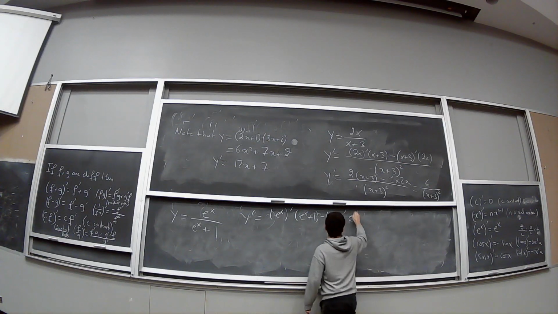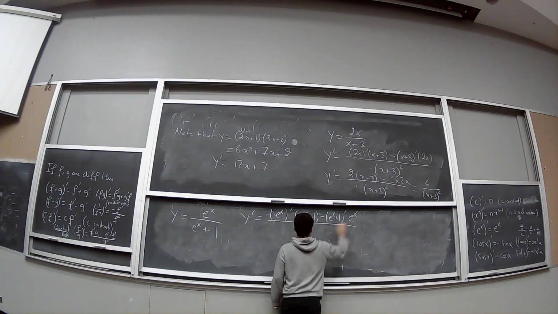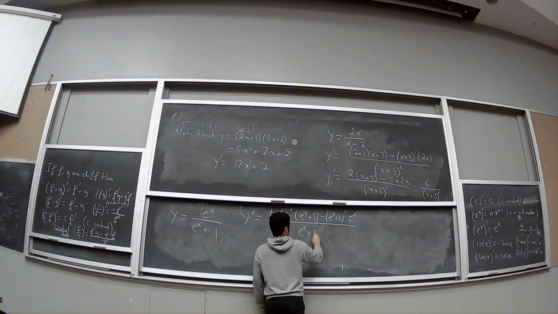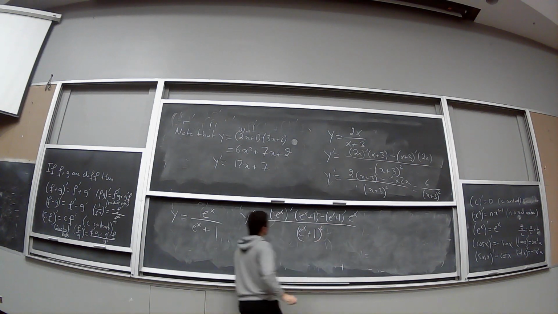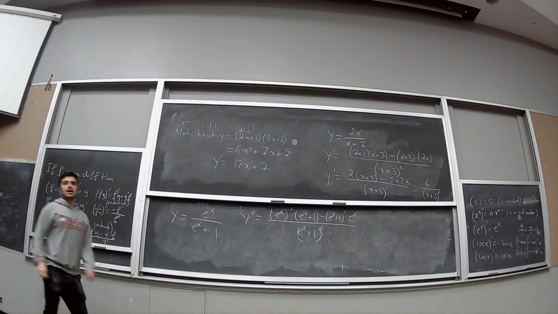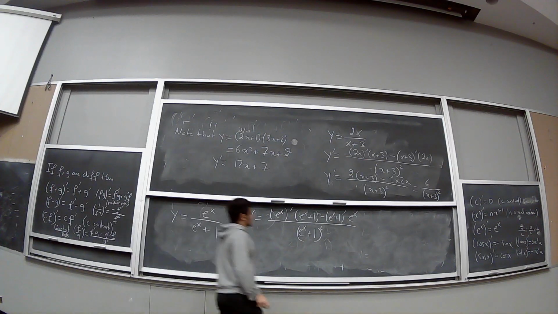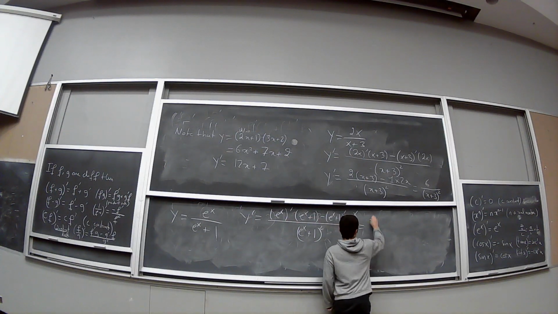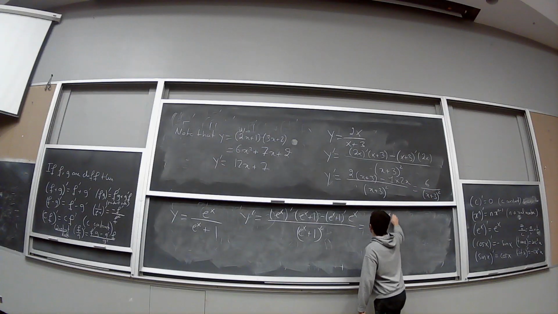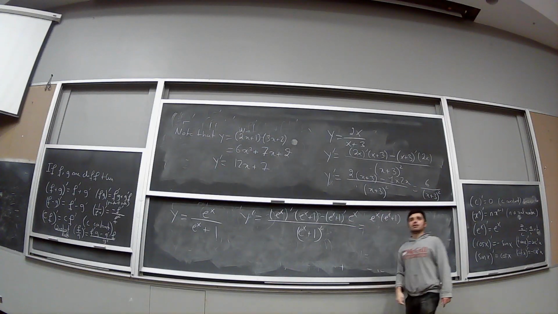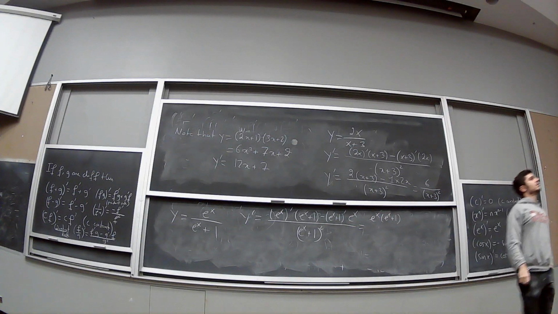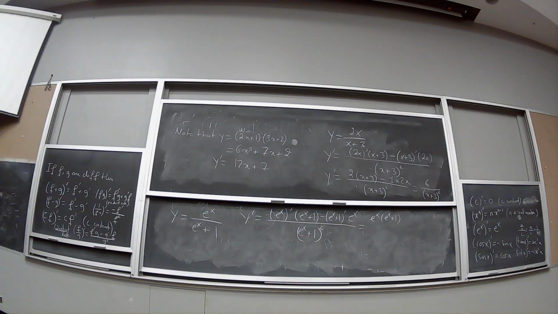Yeah, that's good. Okay, what's the derivative of e to the x? e to the x. So I have an e to the x here, times e to the x plus 1. The derivative of e to the x plus 1, everybody, what is that? e to the x, right?